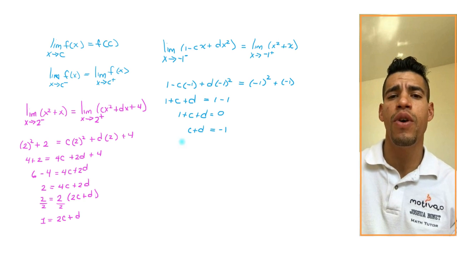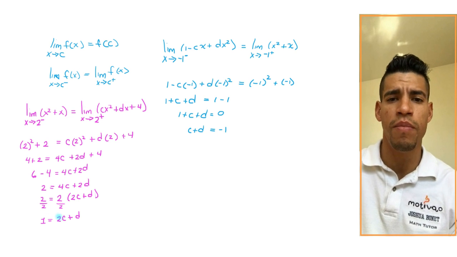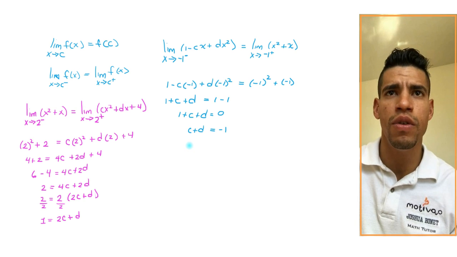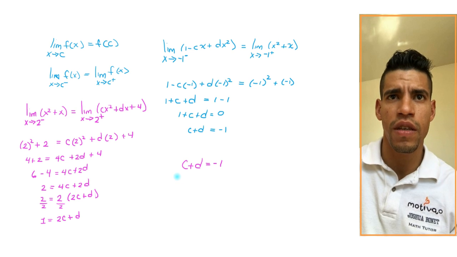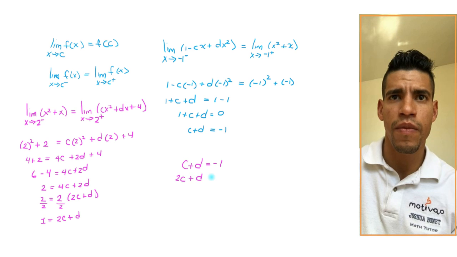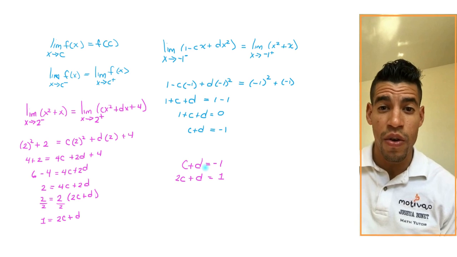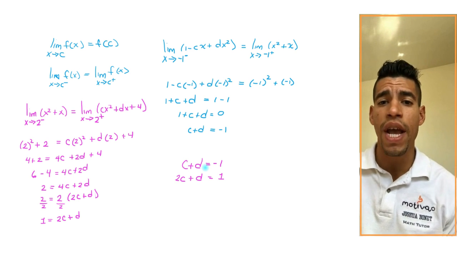Okay? So now we have two equations. c plus d equals -1, and 1 equals 2c plus d. So let me see, what can we do? Let me write it together. Make a system of equations: c plus d equals -1, and 2c plus d equals 1. Now, in Algebra 2 or in Pre-Calc, wherever you took the class, you learn how to solve systems of equations, right?